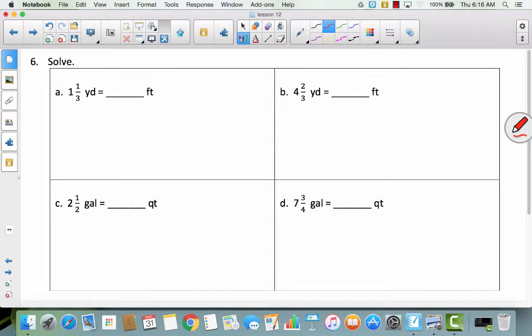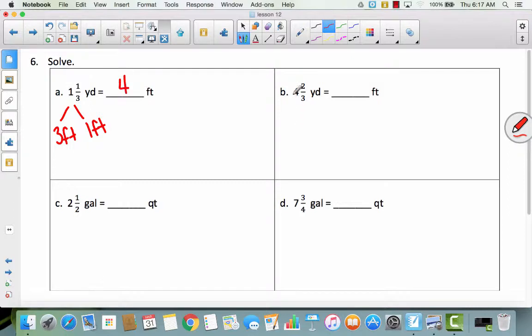All right, so the last part here, we have 1 1/3 yard is equal to blank feet. Let's think for just a second about how we're going to solve this. Okay, we could draw a diagram, or we could try to decompose. If I've got 1 1/3 yard, and I know that 1 yard is equal to 3 feet, and I know that 1/3 of a yard is equal to 1 foot, together that would be equal to 4 feet.